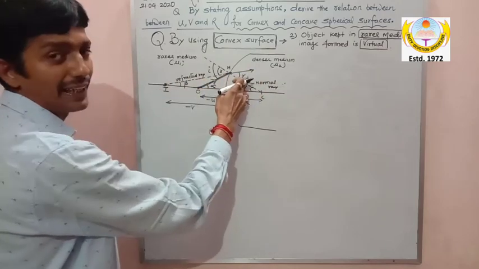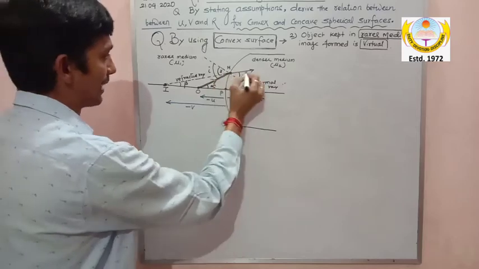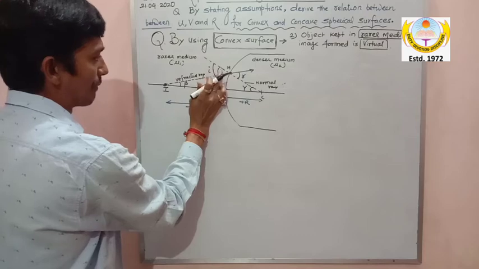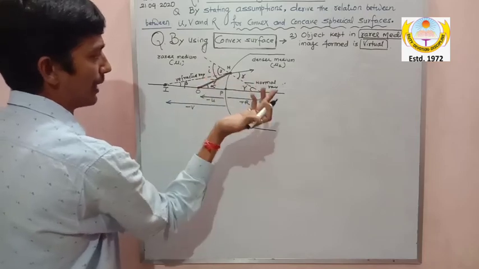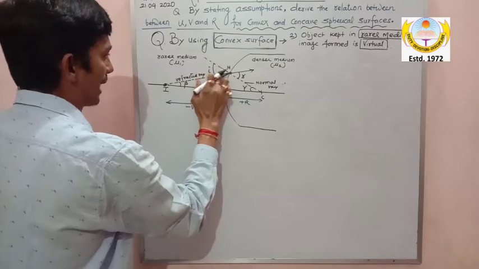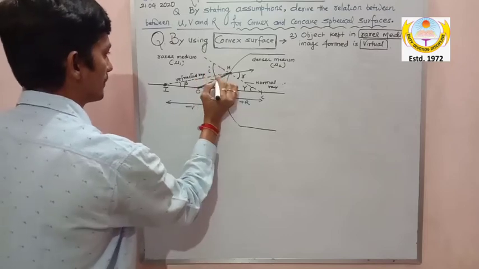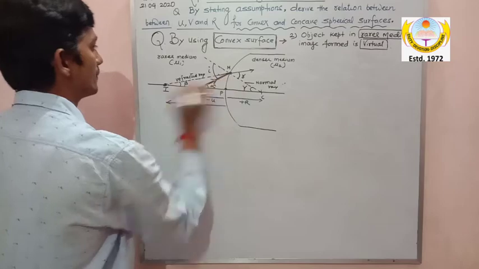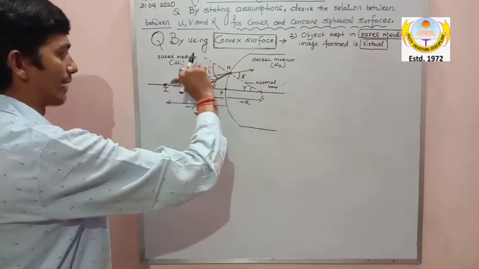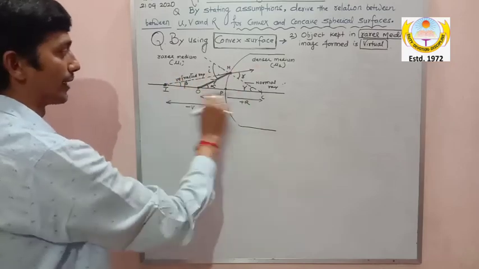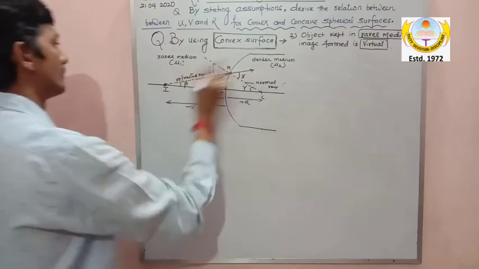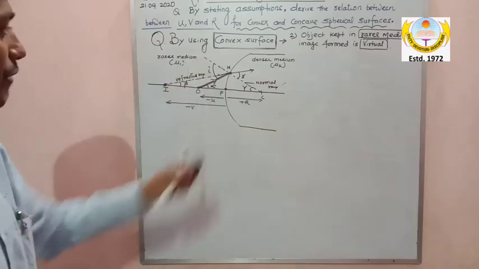This entire line is your refracted ray, so I can put the refracting angle here or over there, no issue. I need not mark it on the other side, because that image is virtual. So I produce the refracted ray on the same side as the object, and I marked the refracting angle on this side, and this is the angle of incidence.